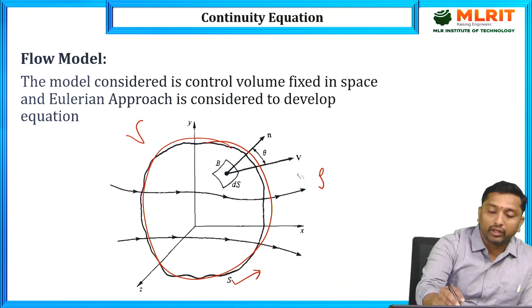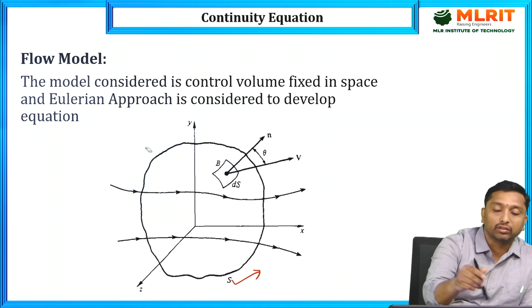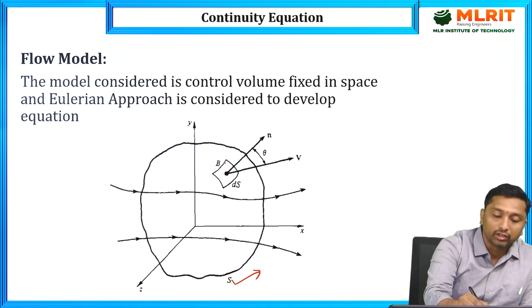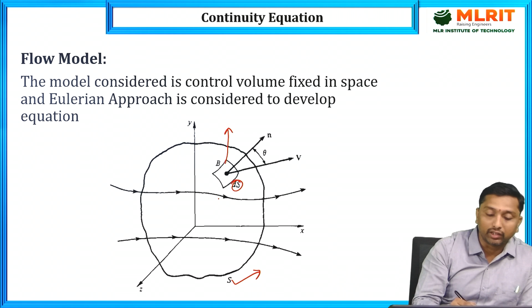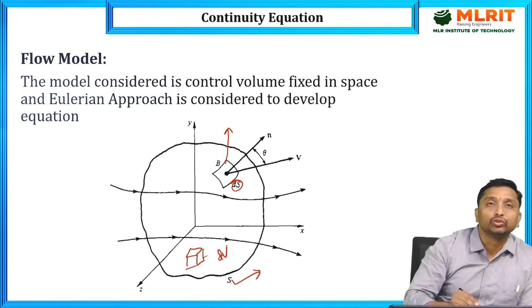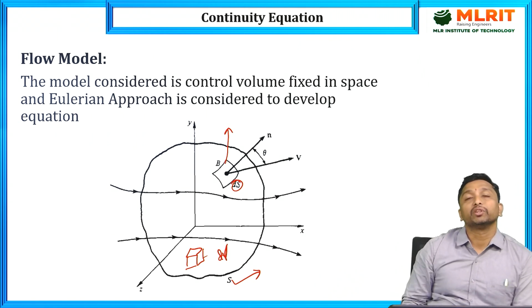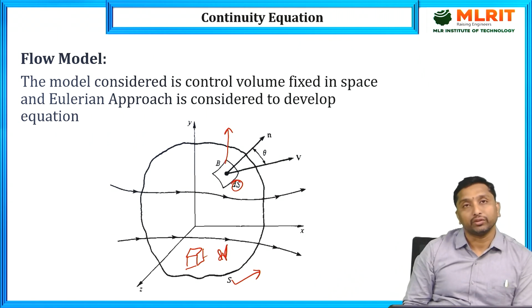So these are certain notations we are considering here, and apart from this, we consider even elemental surface area as dS, and elemental volume which we are going to consider will be dV, which we will be using in the representation of parameters.